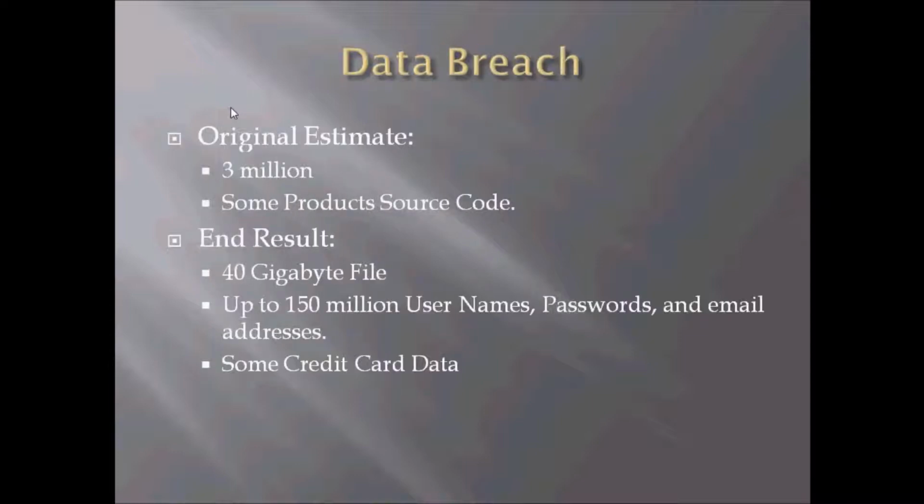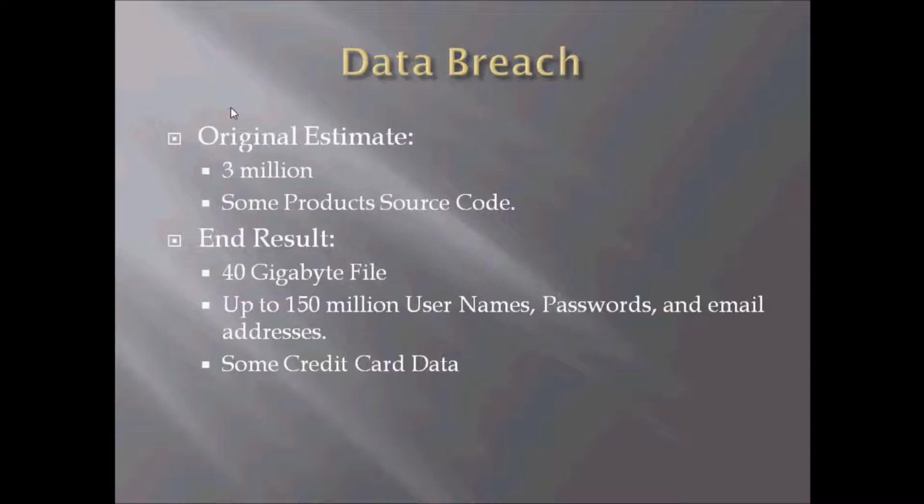The breach was originally announced on October 3rd of 2013. The original estimate was approximately 3 million users having their accounts compromised, as well as some product source code being stolen. It was determined at first that the passwords and usernames had not been deciphered and that everybody's credit card information should be safe.